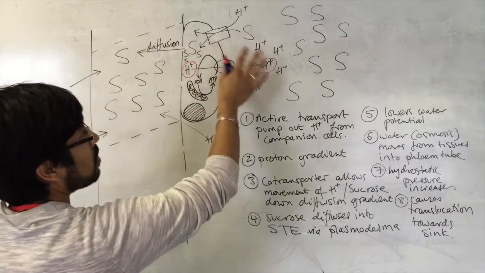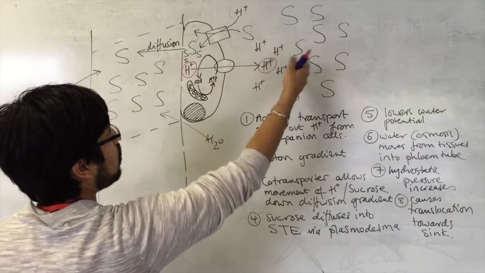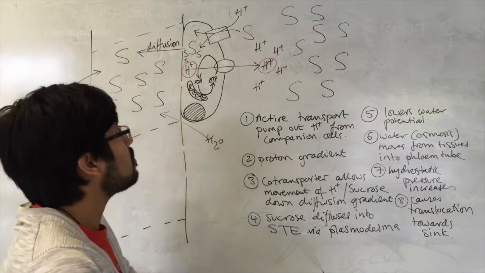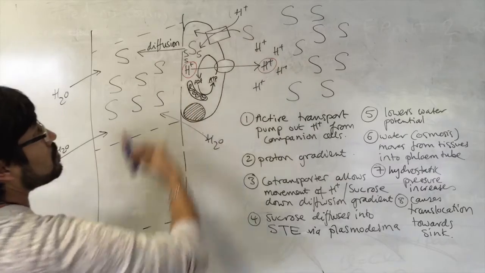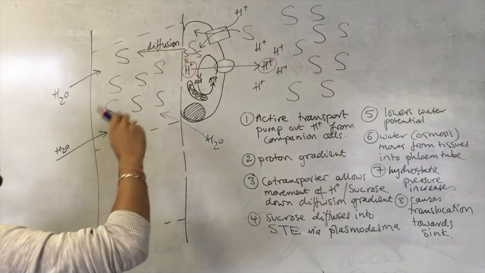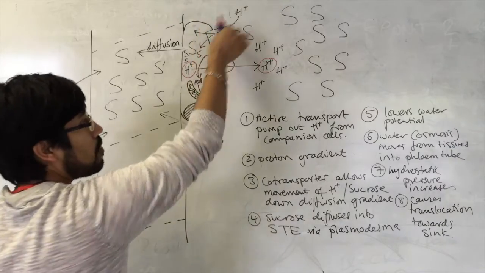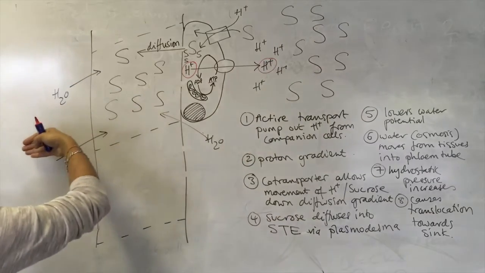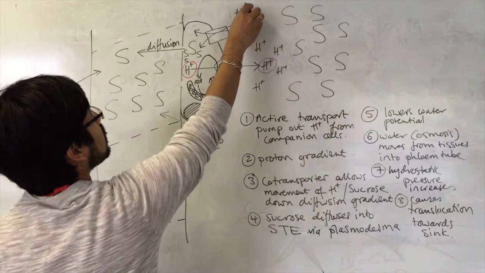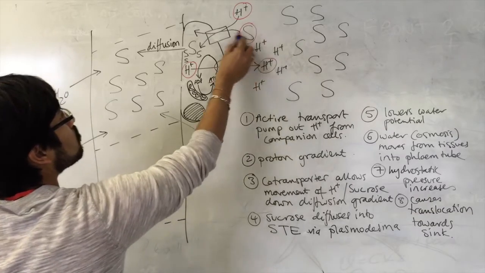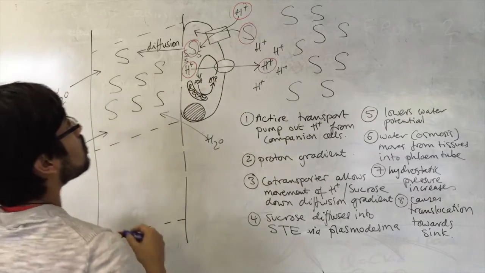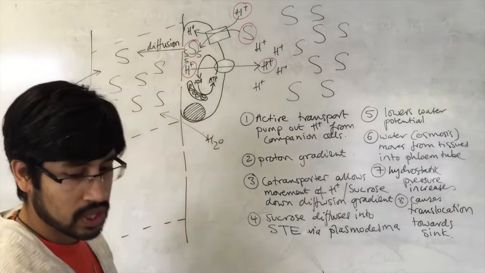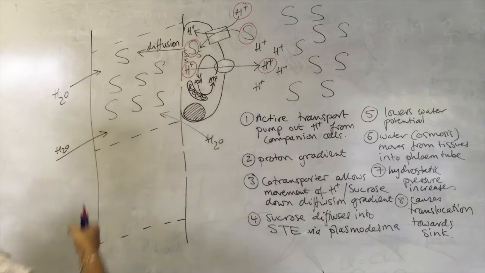That creates a proton gradient. The next thing was, we've got lots of sucrose out there, but sucrose can't just diffuse through membranes. So we need a transport protein to move it in. But the transport protein that we have will only do it if a proton comes along with it. So the more protons we can pump out, the more sucrose we can bring in. So the cotransporter brings in H plus and sucrose together. Oh, I forgot to put the H plus over there. Okay, and therefore sucrose is now entering the cell.